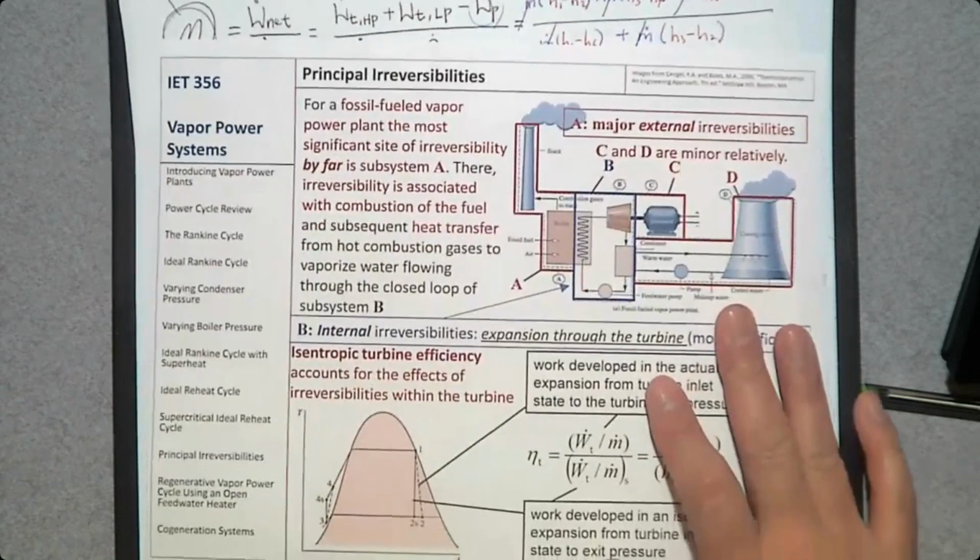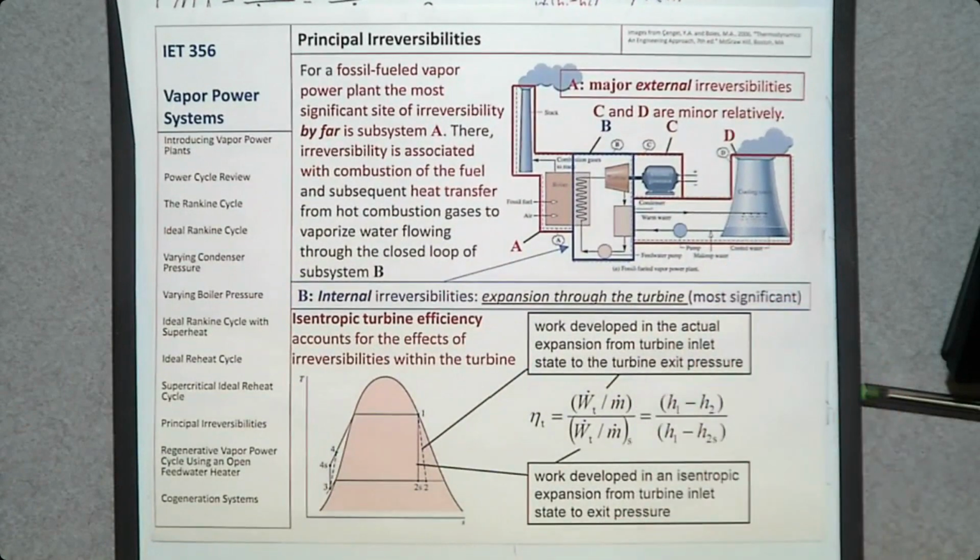But what is the main problem in the power plant? The main problem is going to be the way we produce heat. So if it is a nuclear power plant, the main irreversibility is how we induce nuclear reaction.